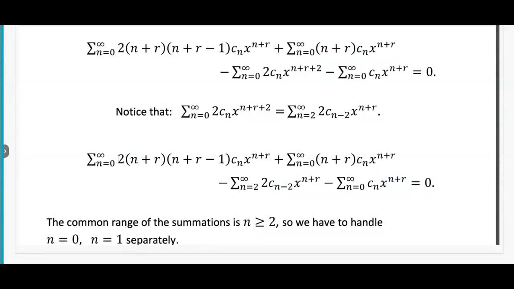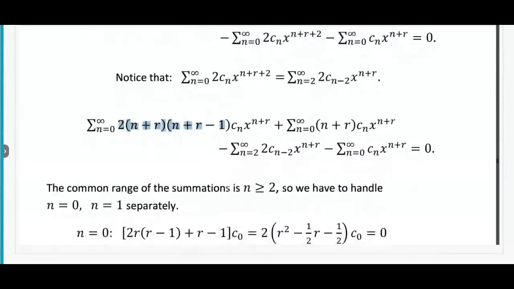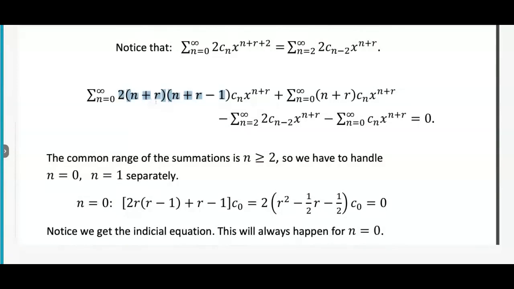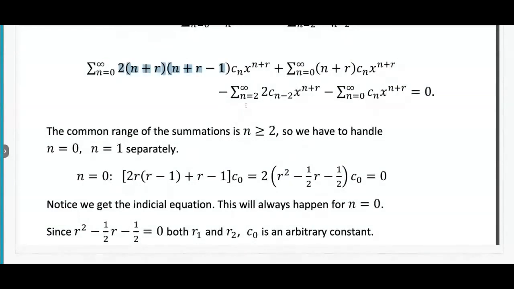Now we can factor out the coefficients. But because this term skipped n equals 0 and n equals 1, we can handle it separately.